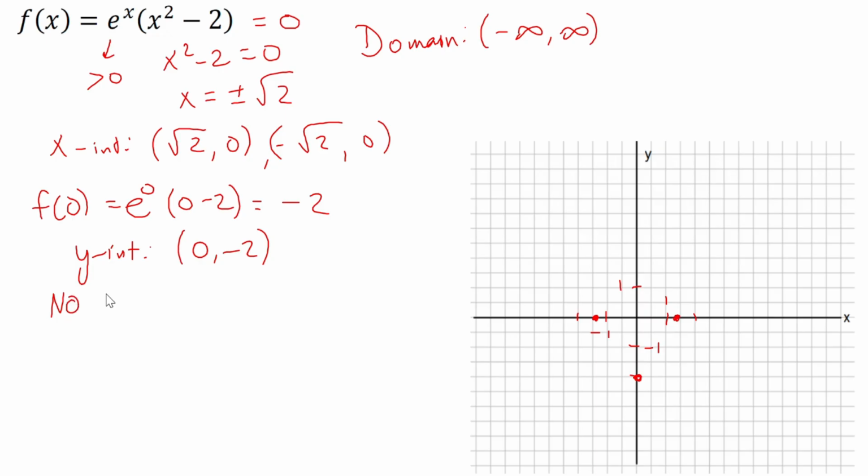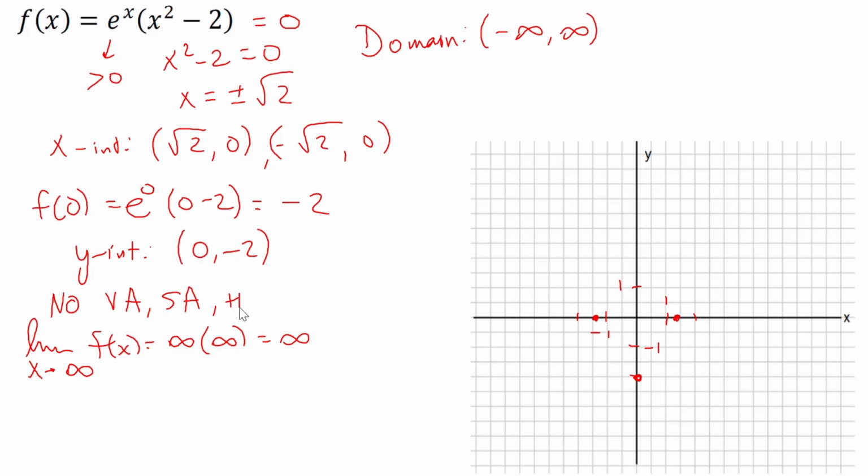So we'll say no vertical asymptotes, no slant asymptotes, because again, there are no discontinuities, which is what would give us a vertical asymptote, and it's not a rational function. That's what would give us a slant asymptote. So really, we just need to find the horizontal asymptote. So we'll do the limit as x approaches infinity of f of x, which in this case just gives us infinity times infinity, which is infinity.